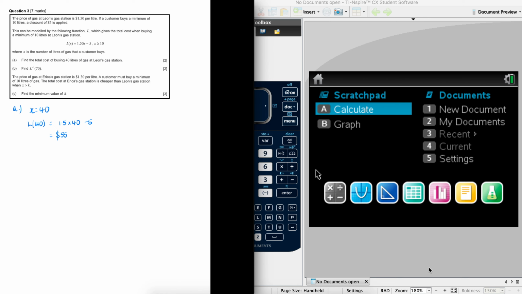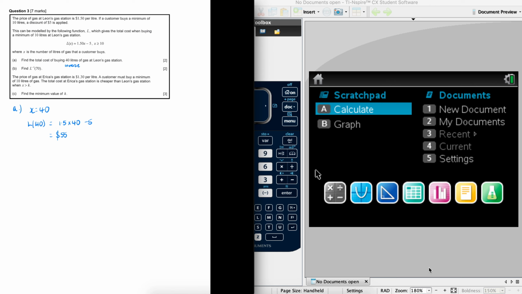And then the second question is finding the inverse function. So this with the minus 1 is the inverse function, where we swap the x and y values and then rearrange them. To do this one, it's substituting in 70. The inverse function swaps the x and y.